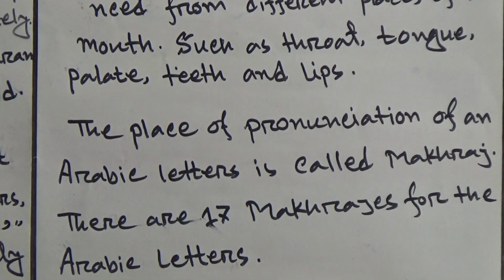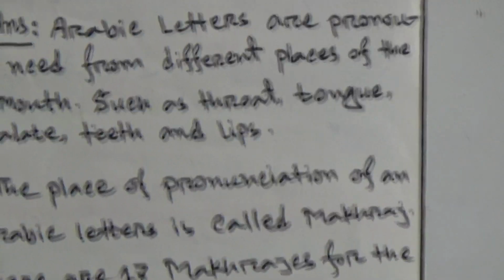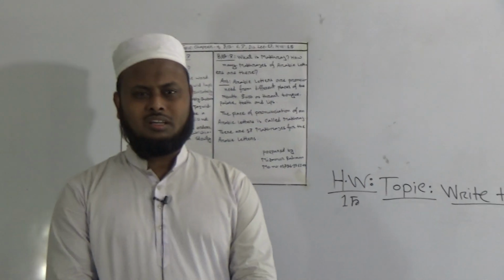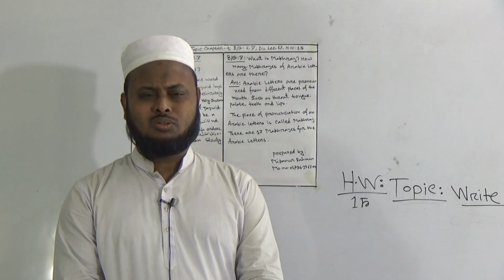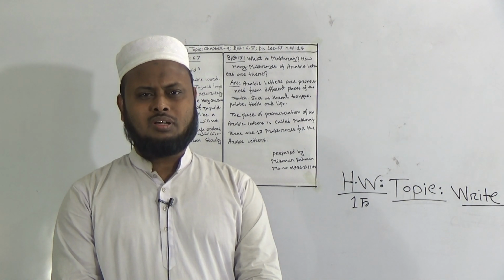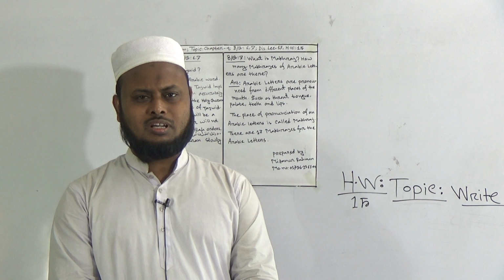Okay, dear students, these 2 questions are very, very important for your exam, and you have to write them minimum 2 times at your home in the CW copy, and you have to do your HW in your assignment copy, your HW copy.